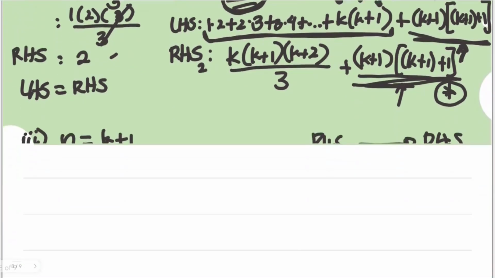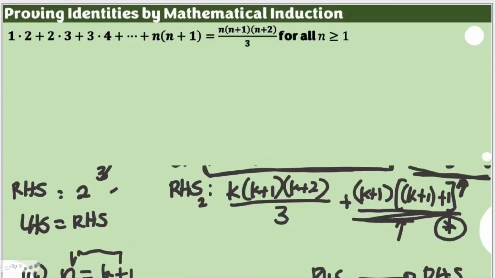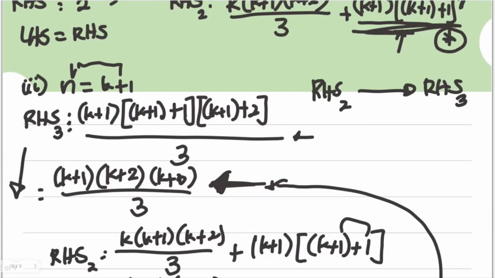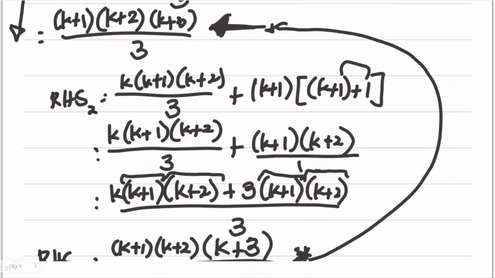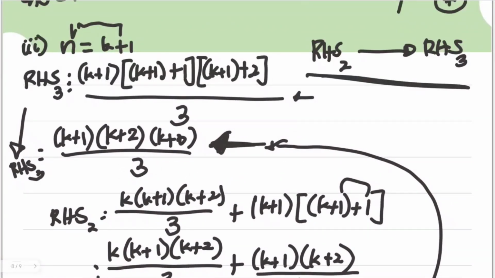Then, your third step is when n is equal to k plus 1, substitute to our original right-hand side, and then the goal here is from your right-hand side of the second step to have a form similar to the right-hand side of our third step, applying all necessary mathematical and algebraic operations, and at the same time, it would be helpful for us to simplify the third version as well.